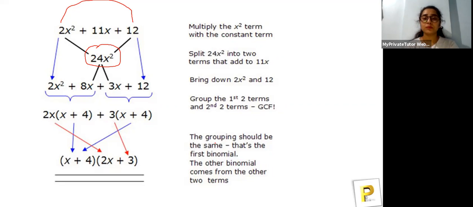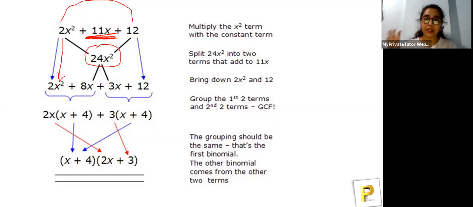Okay, so bring down 2x square and 12. You will copy them as it is. You just have to replace the middle term, and the rest of the terms will be as it is. So first thing is multiply a and c.